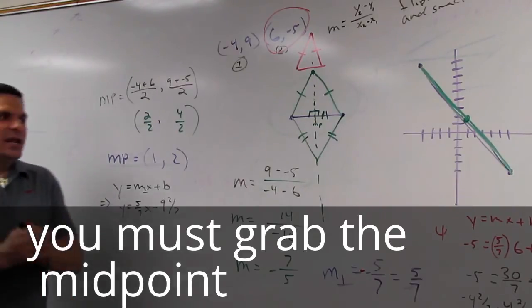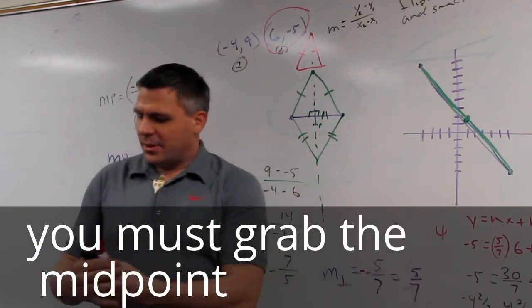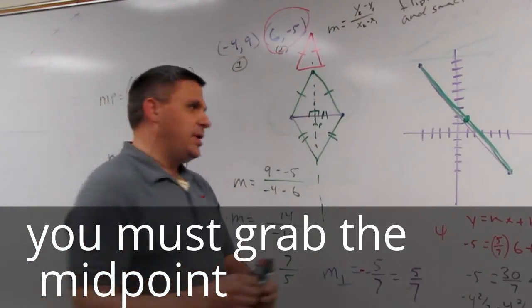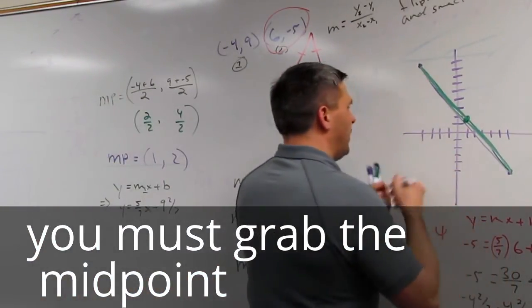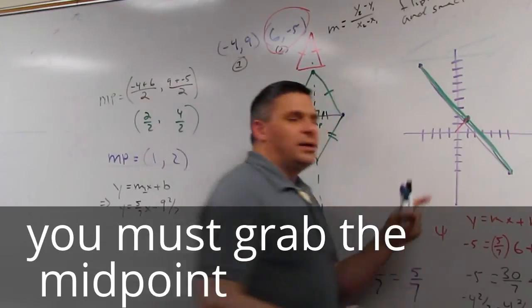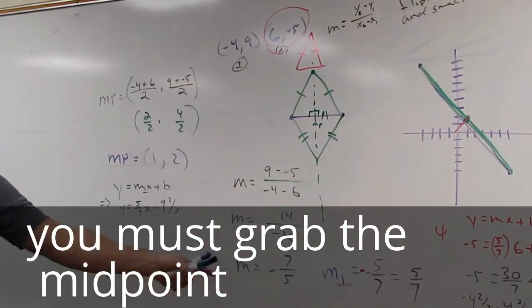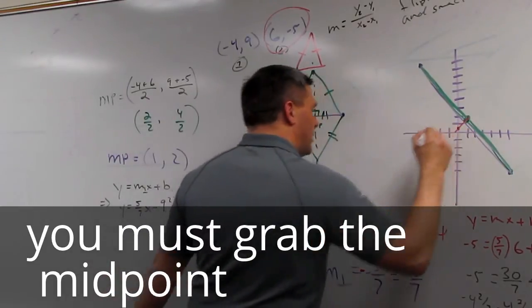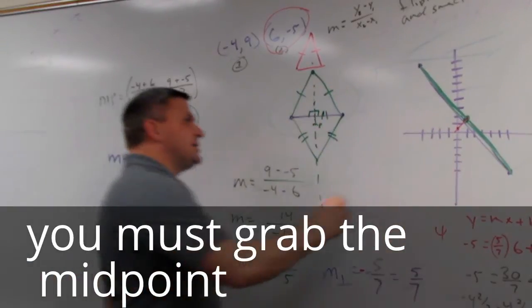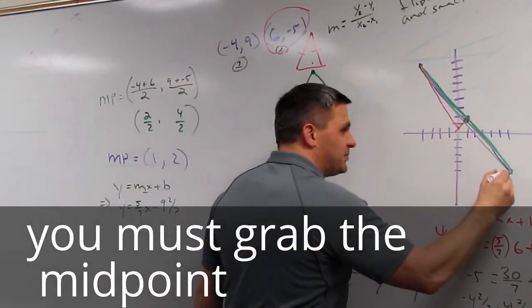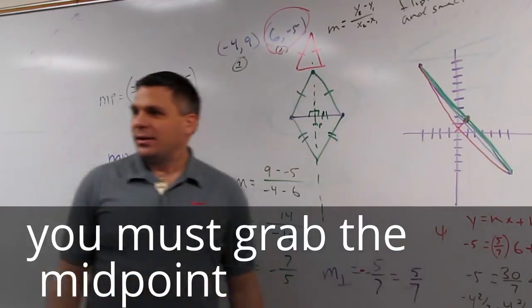All we need is any point on this line. Guess which is the easiest point? The one where x is 0. If x is 0, right? It's still an isosceles triangle. It's just really thin.